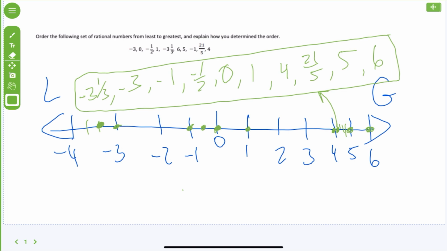And then once we have those on our number line, all we have to do is go to the farthest on the left. Since it wanted it in least to greatest, we just start over here, the farthest to the left, and start writing down our numbers that we plotted. And that's how we know how to do it from least to greatest. Okay? That's what this lesson is going to be about, ordering these numbers from least to greatest.